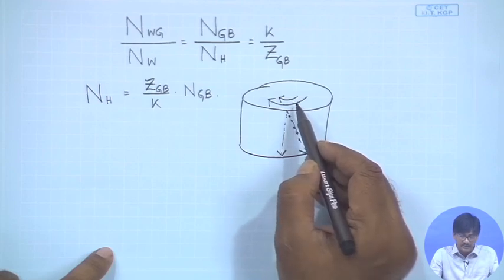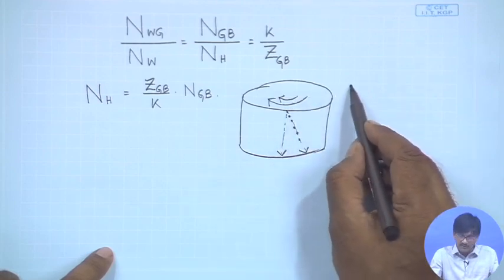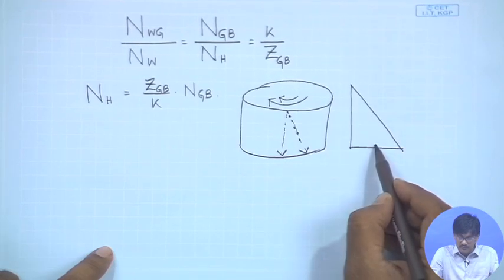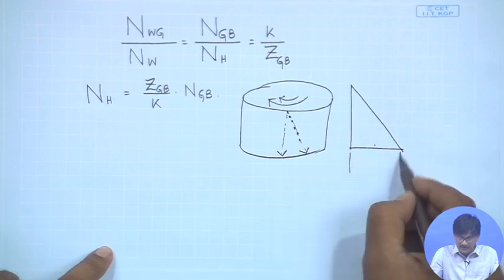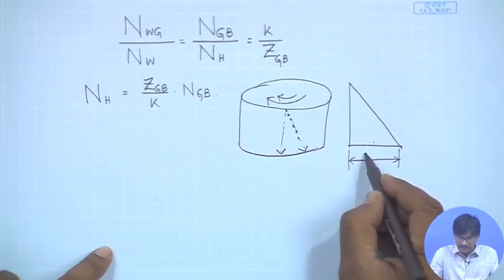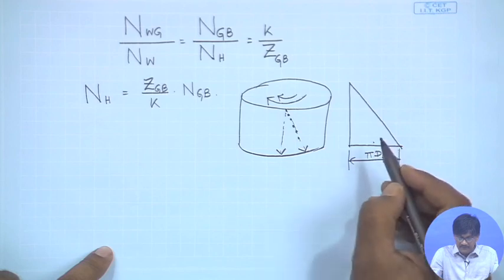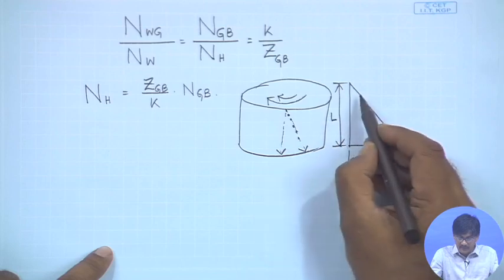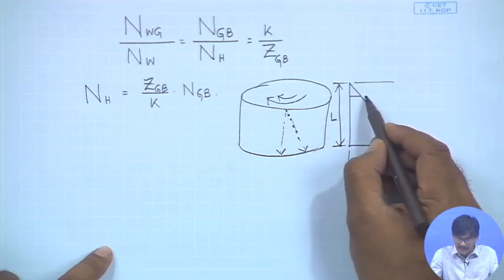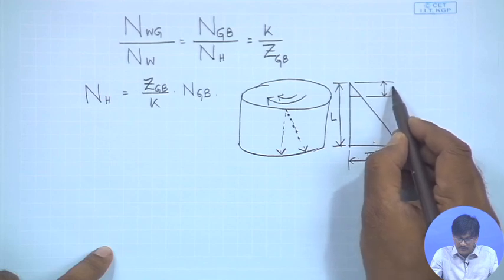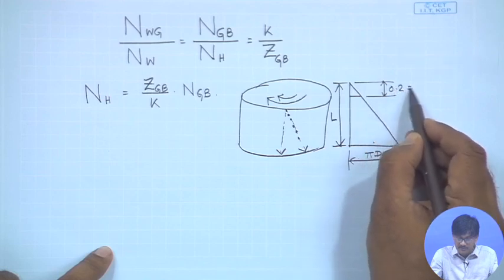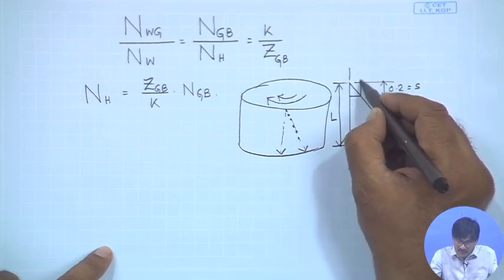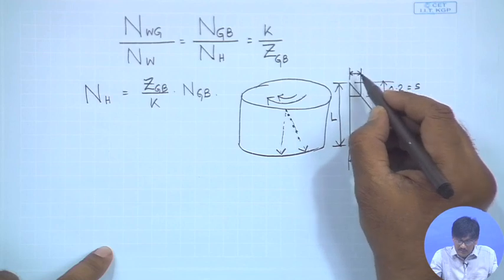In the theoretical discussion that we had, we came to the conclusion that this extra rotation is related to the downward motion in this manner, this being equal to pi d p, this being equal to lead. If you move down by S, say 0.2 millimeters, per rotation, then this much is the amount of rotation that is required to be added.